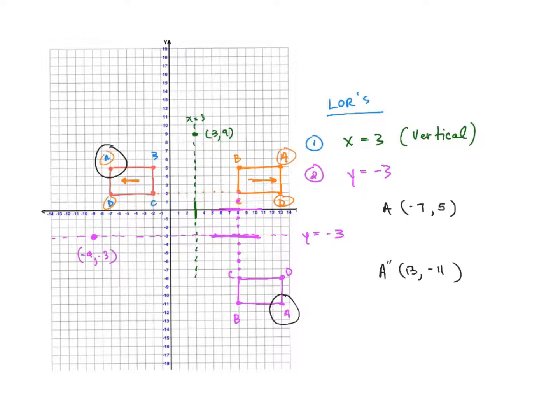Now there is a process in which you could do this without graphing, but that's not what we're going to focus on today. Today we just want to focus on how we use our geometric tools, our graph, our reflection principles, and how we could get a shape to reflect two separate times and come up with a coordinate for that new vertices, as we call it.